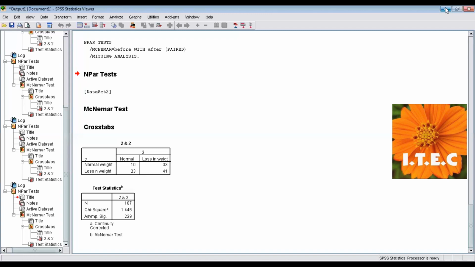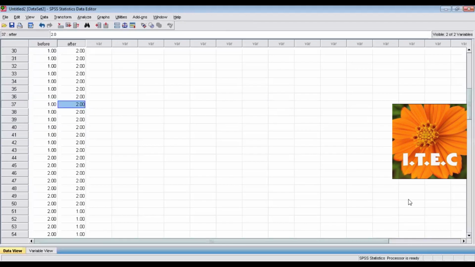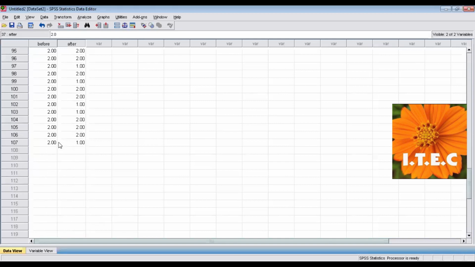So you can again make changes and try to see what the values might be. Let us try.